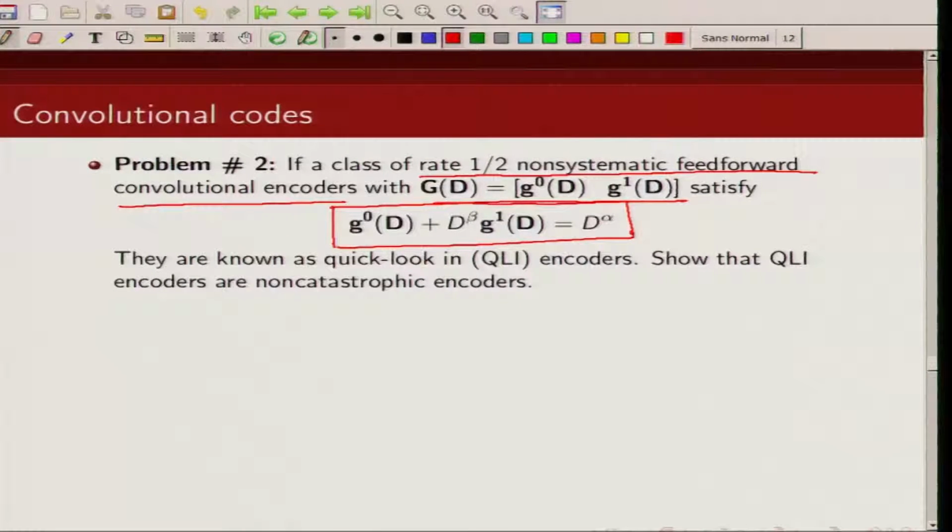So, what is this property? It says G0 of D plus some delay, that is D to the beta, where beta is greater than or equal to 0, times G1 of D is given by D to the alpha, where alpha is also greater than or equal to 0.